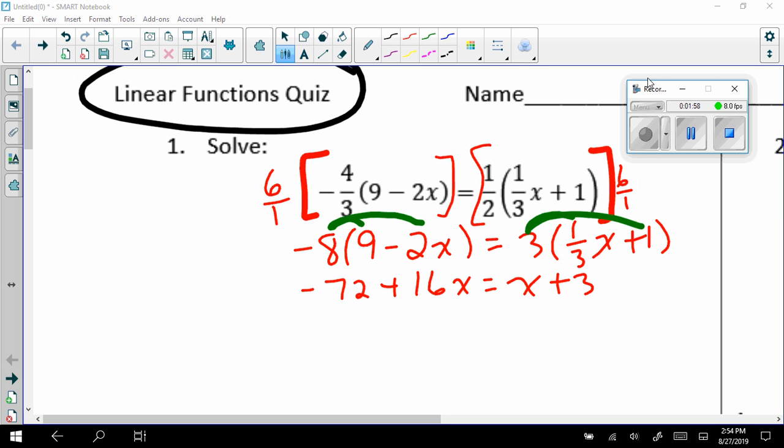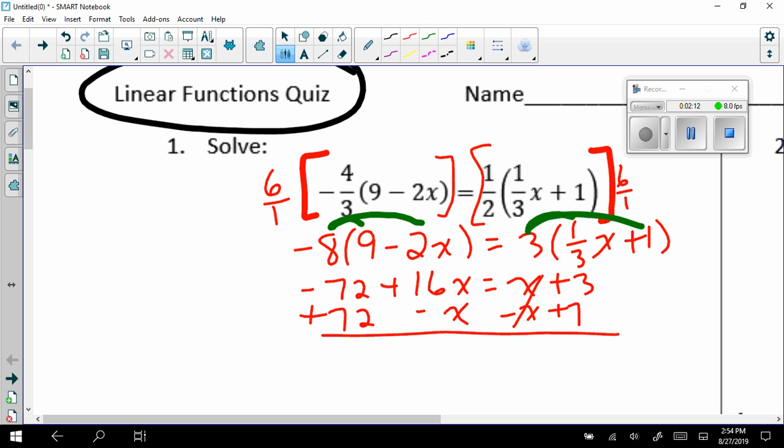And then I'm going to get my x's together. So I'm going to subtract x from both sides. And at the same time, I'm going to go ahead and add 72 to both sides. So I get 15x equals 75.